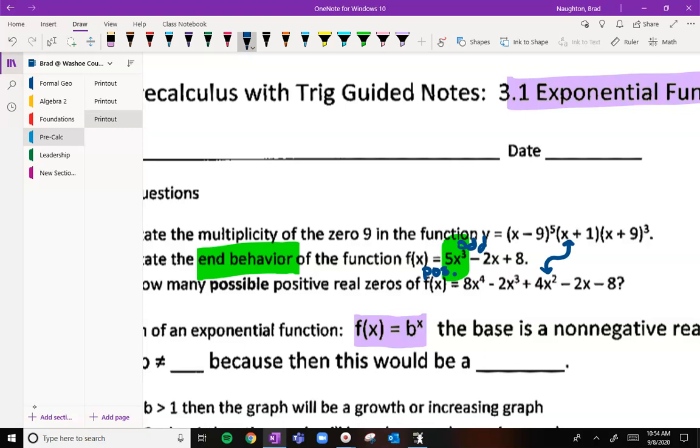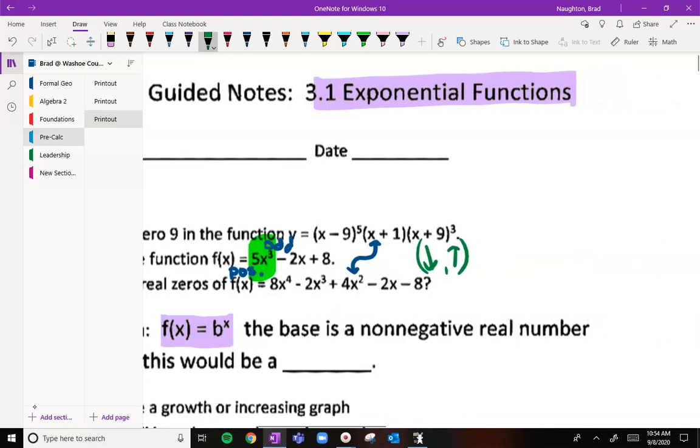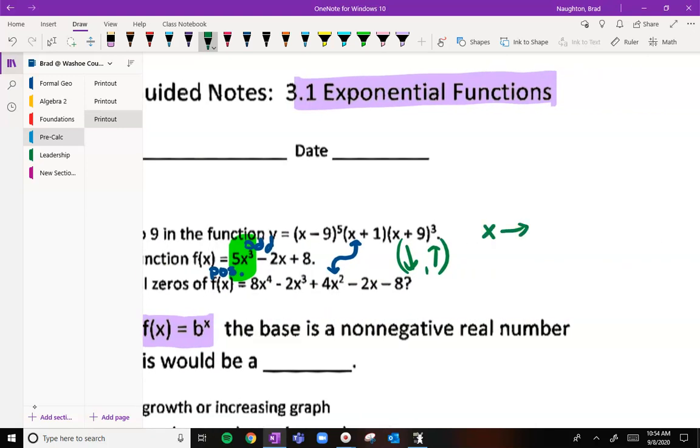So you can write your end behavior in the easy way, which is starting low, ending high, or the ever classic as x approaches negative infinity, which is our left, and then positive infinity, which is our right.